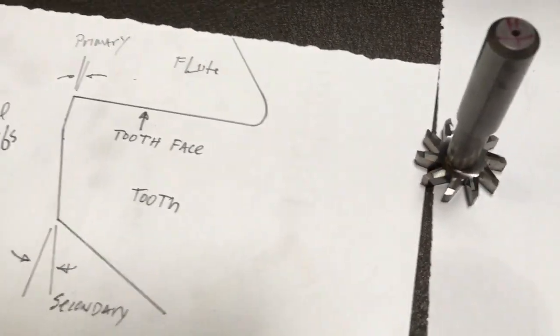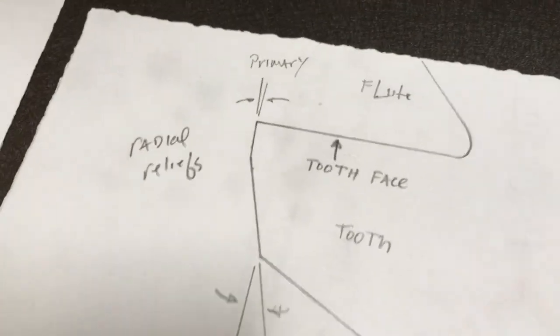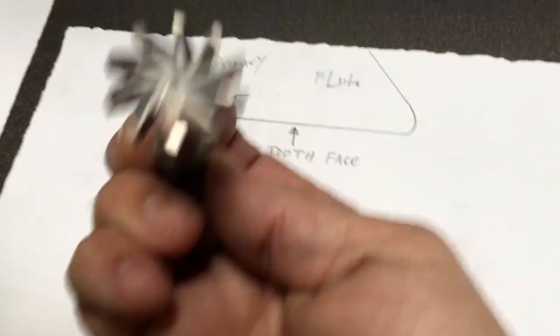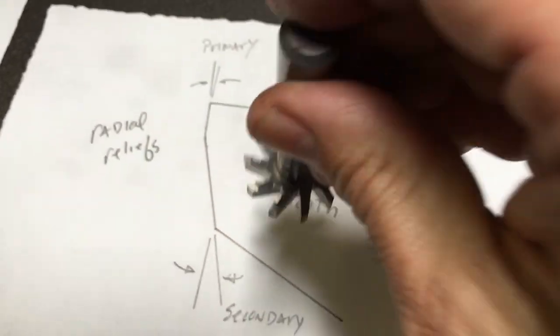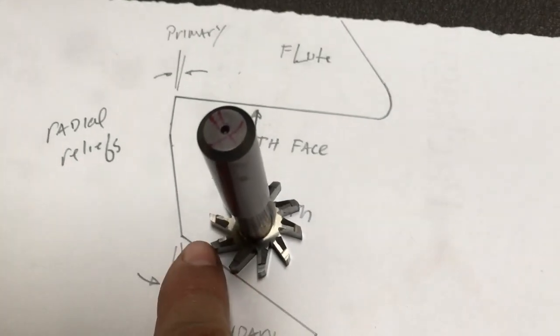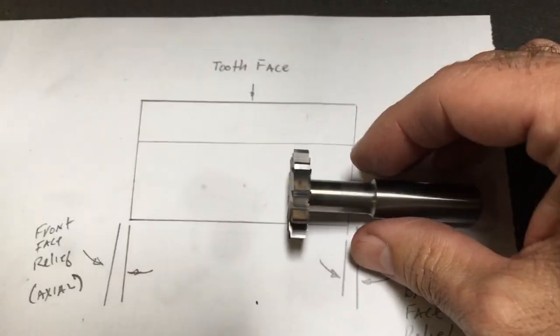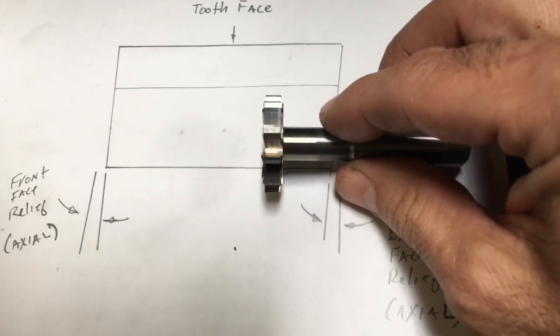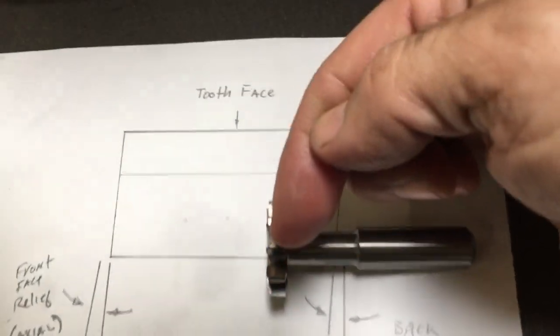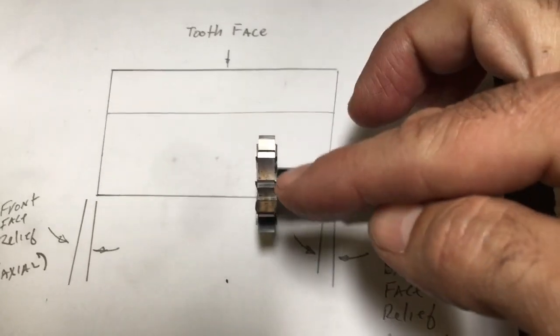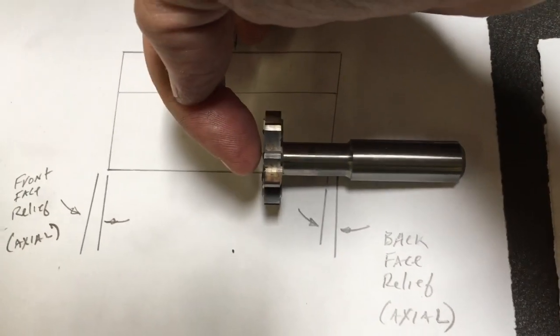Okay, and then if you look, so that's looking at it like that, but it's looking at the back side over here. And then if you look at it like this, where we're looking at the flute this way, so this is the tooth face right here, and then this is the back side, and that's the front side.